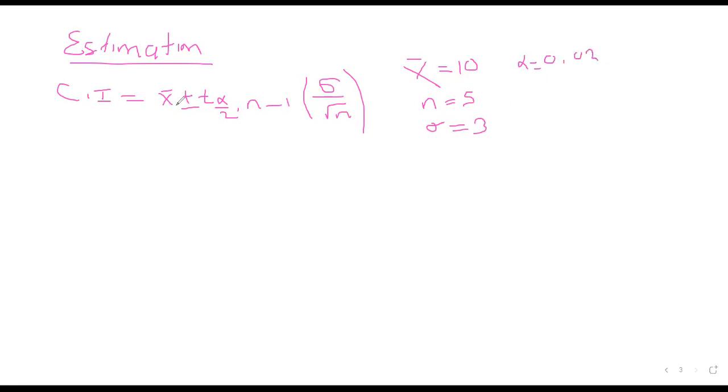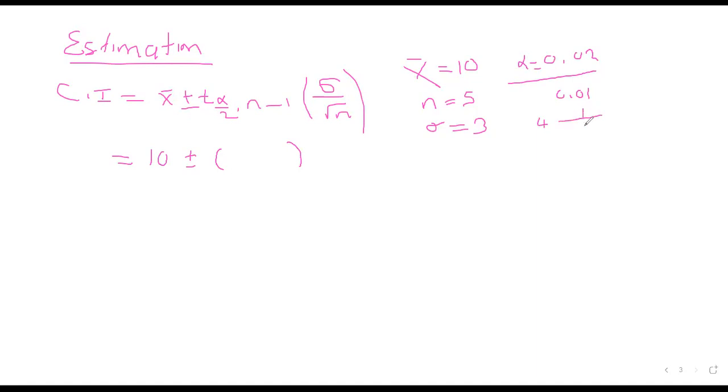We are asked to find the confidence interval. So step 1, we substitute what we have. Where there's mean, we put a 10. Our alpha, we know how to read it. Step 1, find the alpha level, which is 0.02. Divide by 2, we get 0.01. 5 minus 1 is 4.